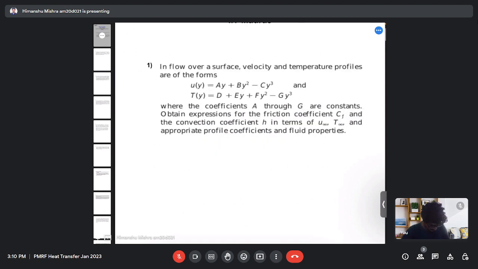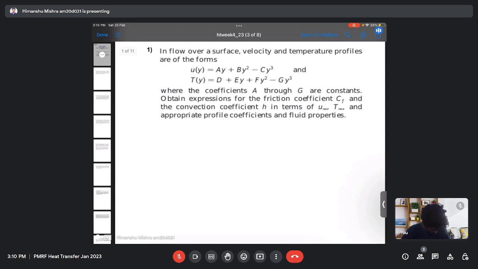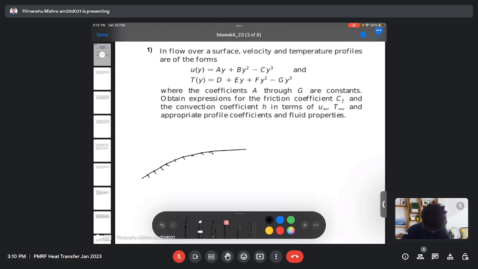So in this question we have, let's say, flow past a surface. This is my surface and this is my flow. There is a boundary layer and there is a velocity profile due to this boundary layer. And we have a temperature profile also.